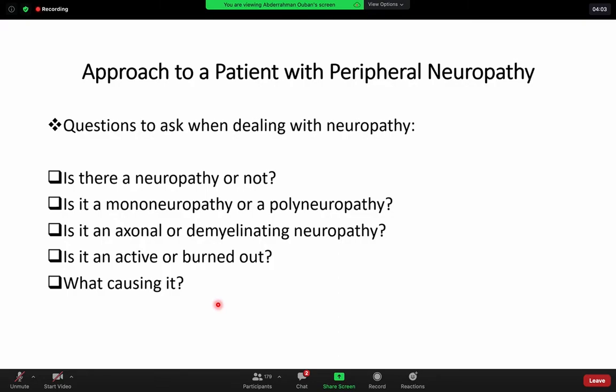So the questions that you need to entertain are the following. First, is there such a disease or not? Is there a neuropathy or not? Secondly, you have to think about what kind of neuropathy it is. Is it a mononeuropathy involving one nerve, or a few asymmetrical nerves, or is it a polyneuropathy involving symmetrical involvement of nerves throughout the body, or throughout the limbs, for example?